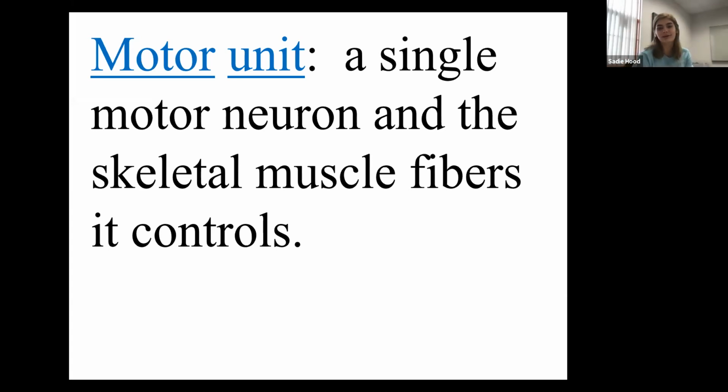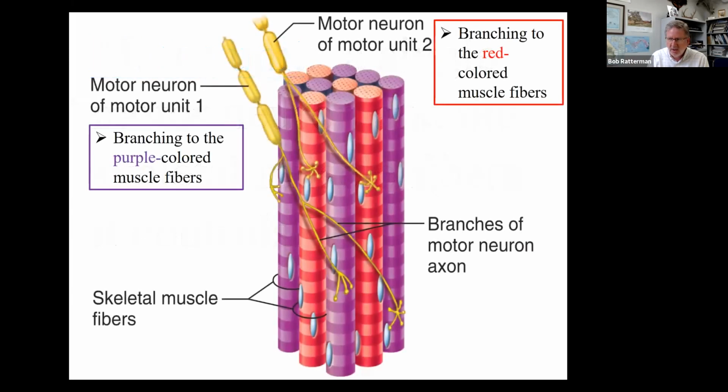So is a motor unit basically a bundle of skeletal muscle fibers that are controlled by a motor neuron? That's exactly what it is. You can see on your screen the definition. Here's the sketch. We have two motor neurons shown here in yellow.